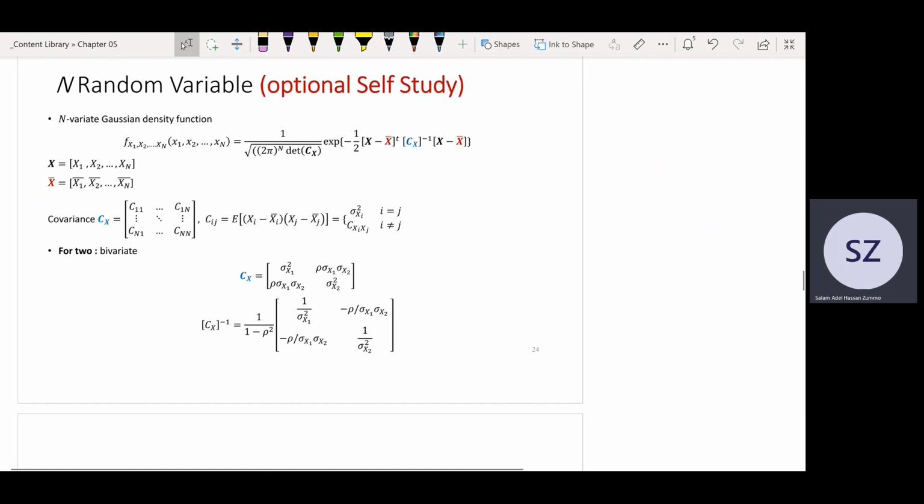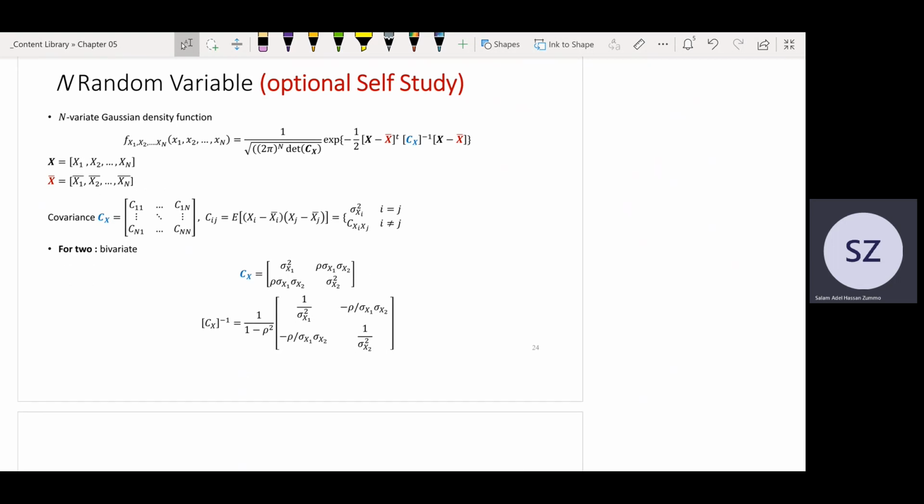Now of course we can extend to any random values. We wrote here that this is optional. What comes next is included. The optional is only the first part, which is the n dimension. This is included, then we will use it.